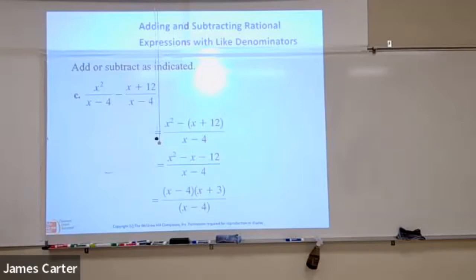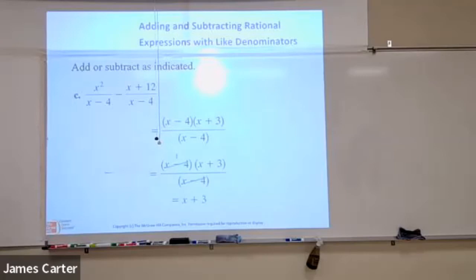We're getting back to the pattern we had before, because now everything is multiplication and division. We've gotten rid of all the pluses and minuses of groups. So they cancel, and the answer is simply x plus 3.